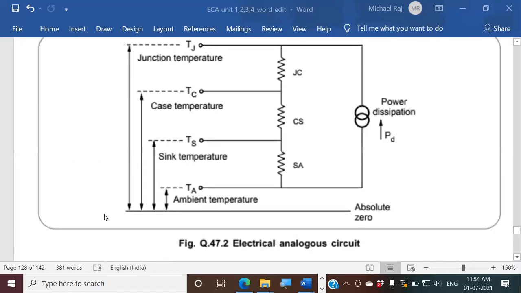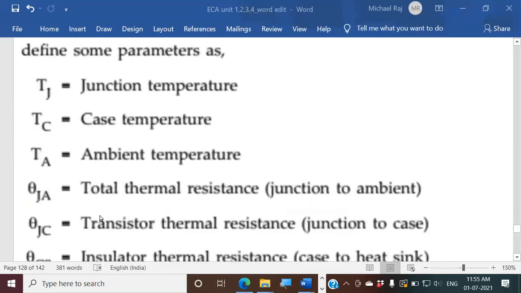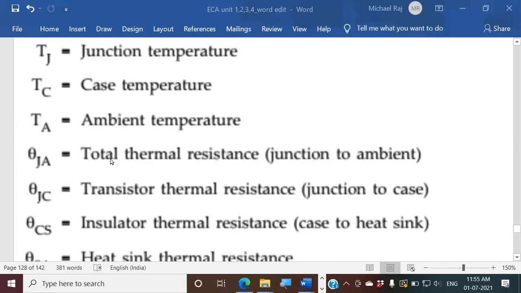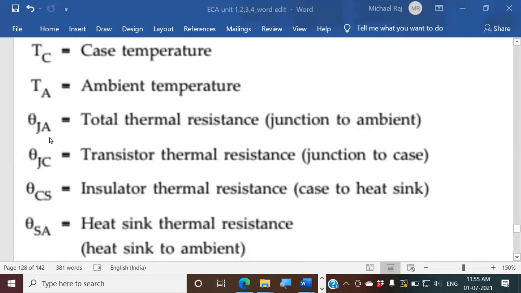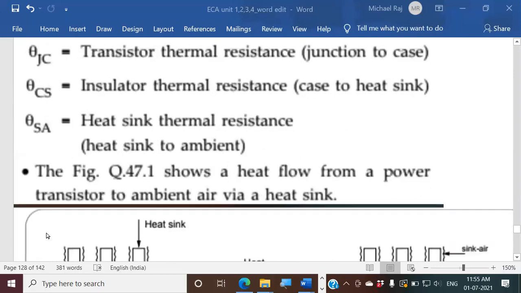Now let us define these terms. Tj is junction temperature, Tc is case temperature, Ta is ambient temperature, theta Ja is total thermal resistance from junction to ambient. Junction to case to sink, then sink to ambient, right?